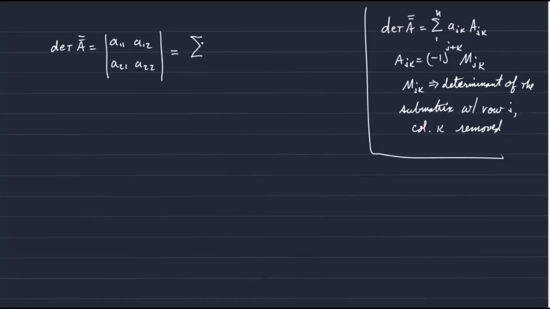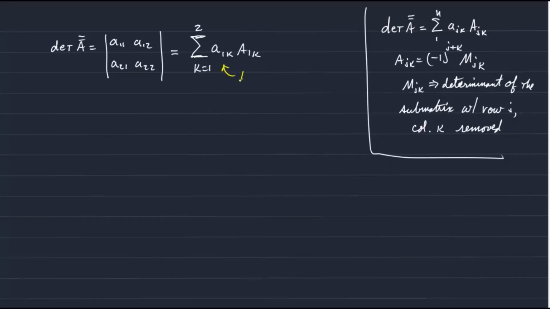And as I mentioned before, we could either sum over K or sum over J. I like to sum over K. You can choose what you like to do most, but I'm used to summing over K here. And here it's a 2 by 2 matrix, so K will go from 1 to 2. And we have a_1k and A_1k.